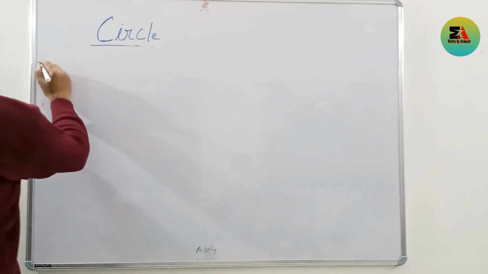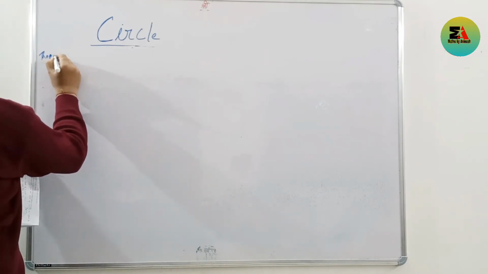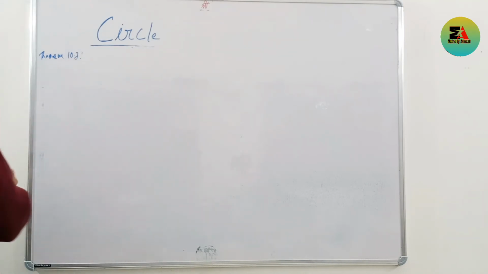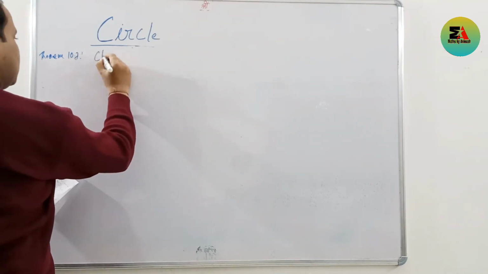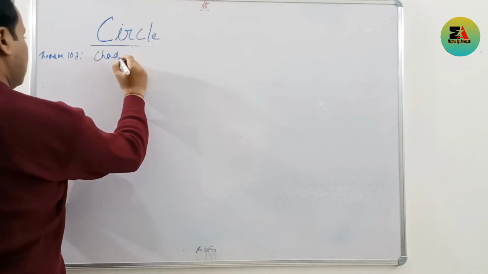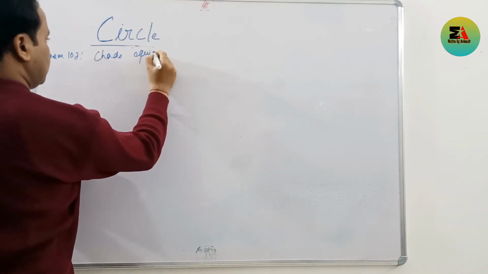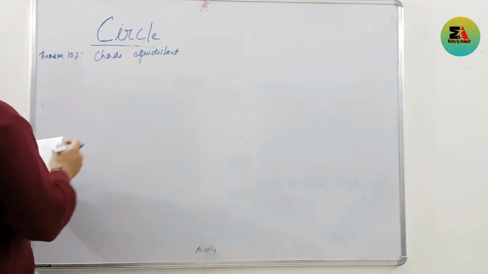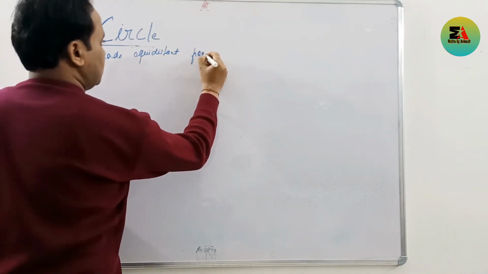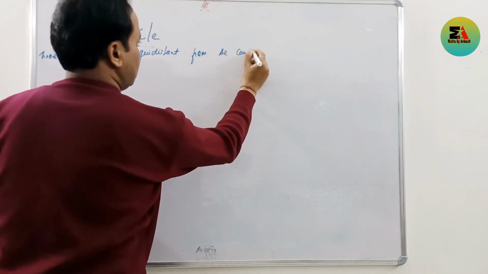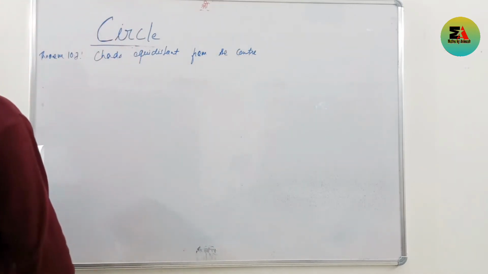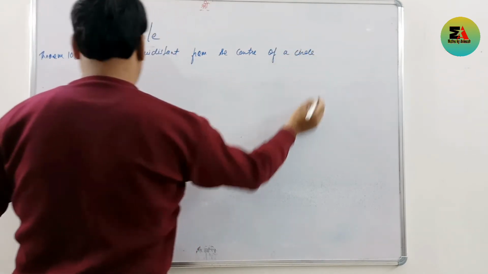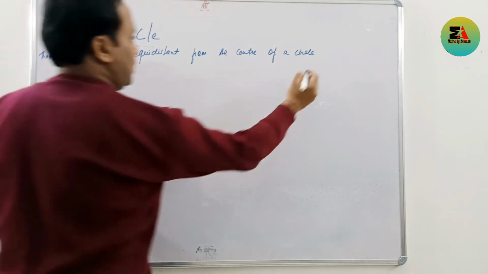This is theorem 10.7. The theorem says chords equidistant from the center of a circle are equal in length.